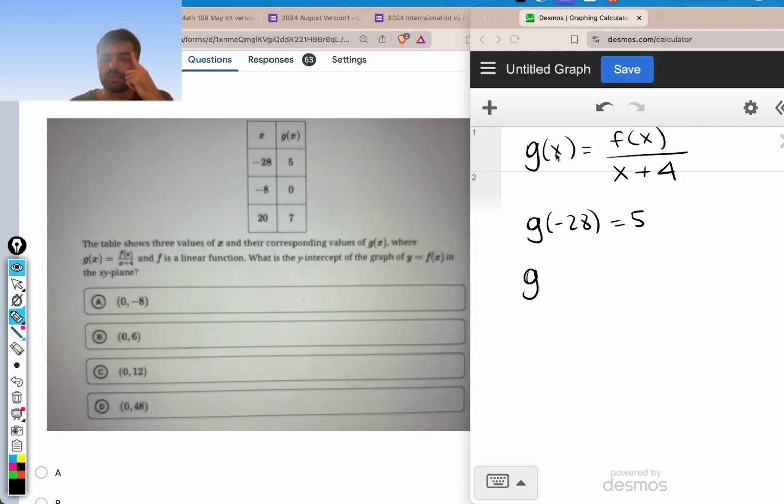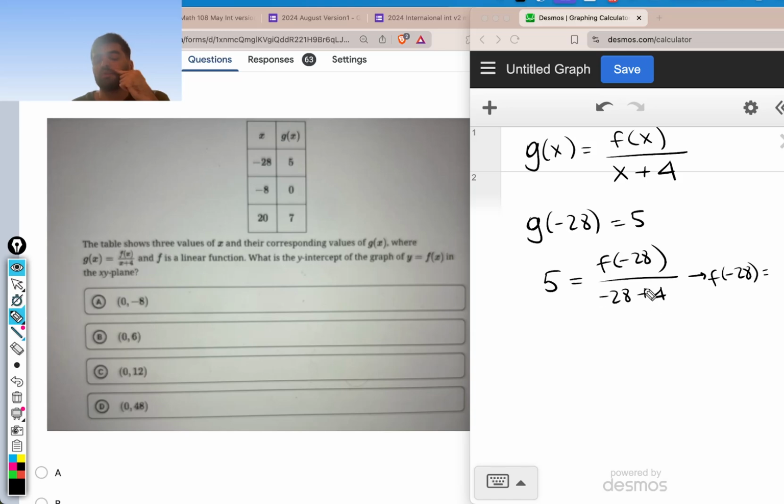When you write negative 28 instead of x, it will be 5, right? 5 is equal to f of negative 28 over negative 28 plus 4. So from here we will get f of negative 28 is equal to negative 120.